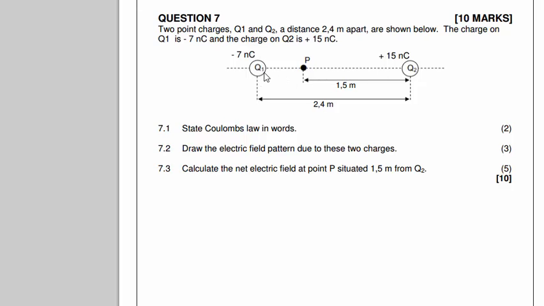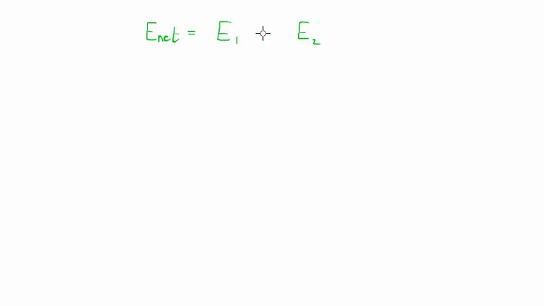If the original one was pushing it towards Q1, is Q2 also pushing it towards Q1 or away from Q1? Towards Q1. So are they working together or against each other? Together. Both of them are pushing it towards Q1. You understand? So now, would this be positive or negative? Positive, because they're working together.